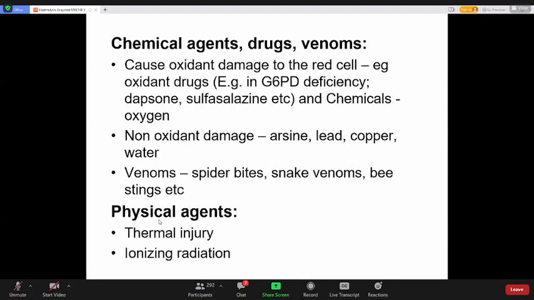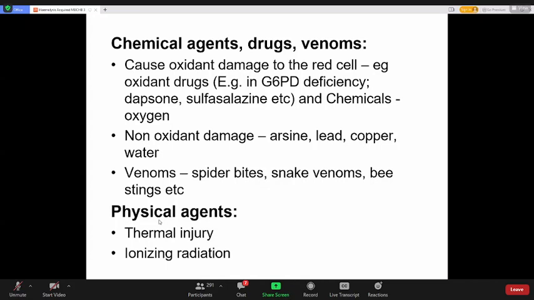Then we have examples of chemicals that can give you hemolysis, many examples of chemical agents and other drugs that cause direct non-immune injury to red cells, snake venoms or spider venoms that give direct biochemical damage to the red cell, and this causes oxidant damage to the red cell membrane, and there are many examples of that.